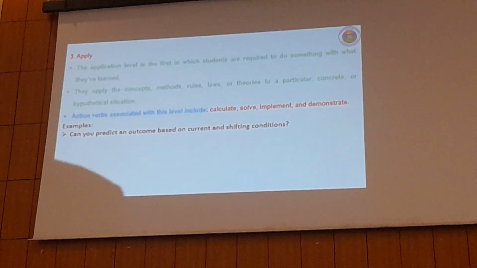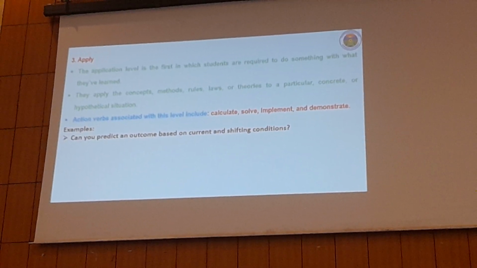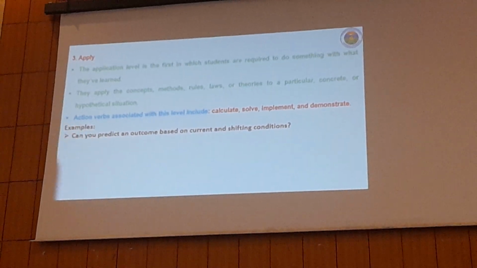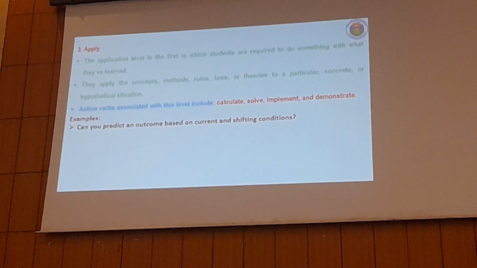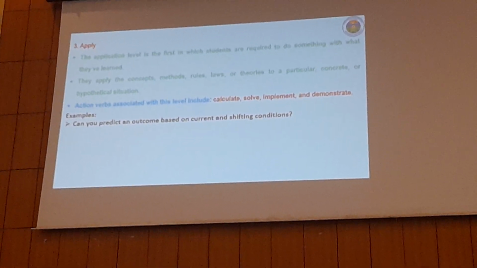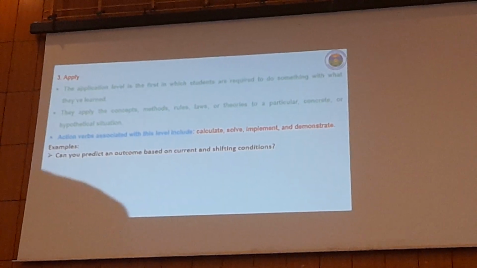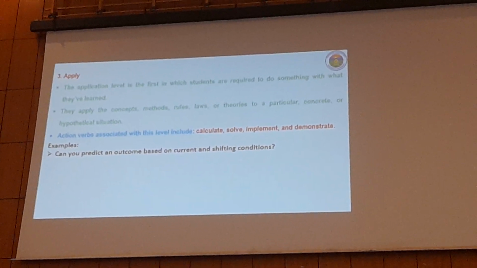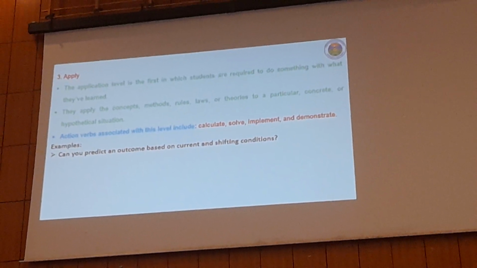The third one is applying. The application level is the first in which students are required to do something with what they have already learned. That is the concept of application. For example, when did you use this formula? Or when did they use this concept? That clearly indicates the application part.